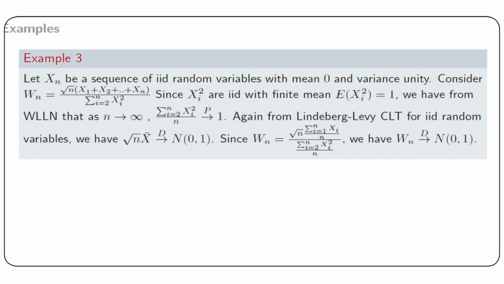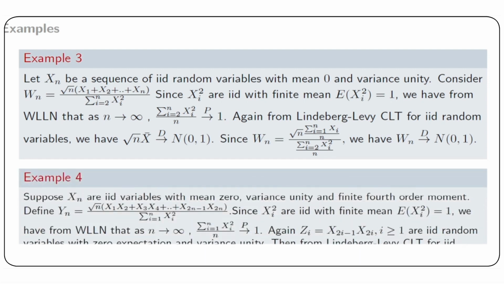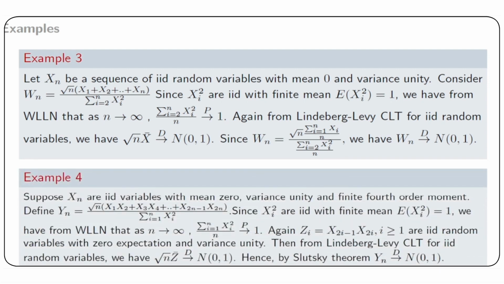So the numerator converges to a standard normal variable in distribution, and the denominator converges to unity in probability, and hence as an easy consequence of Slutsky theorem, we find that the large sample distribution of Wn is standard normal.